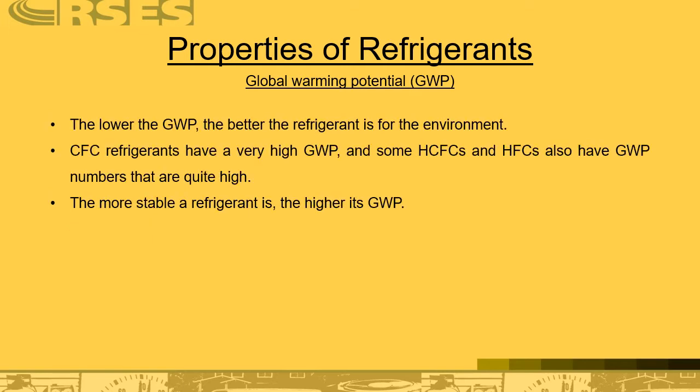The lower the GWP, the better the refrigerant is for the environment. CFC refrigerants have a very high GWP, and some HCFCs and HFCs also have GWP numbers that are quite high. The more stable a refrigerant is, the higher its GWP. So you solve one problem, you create another.